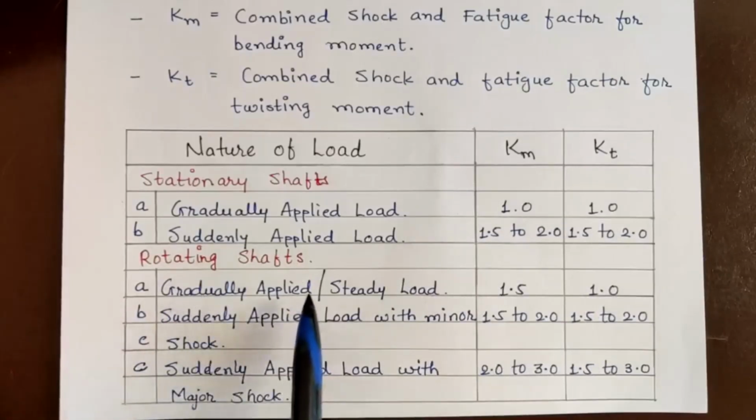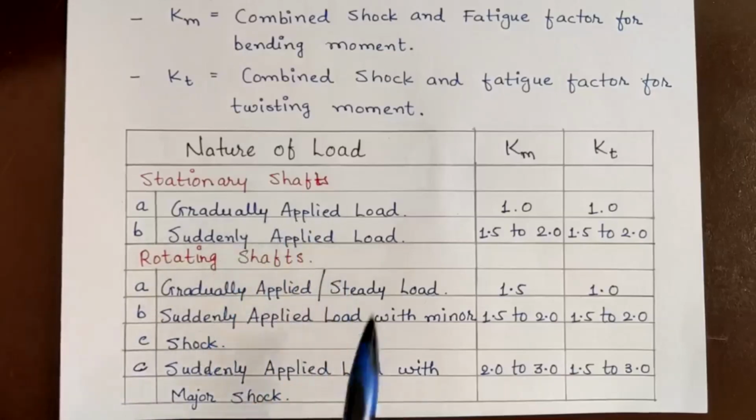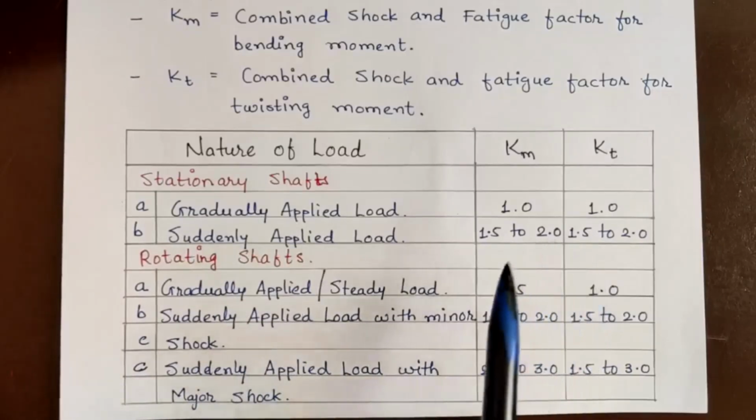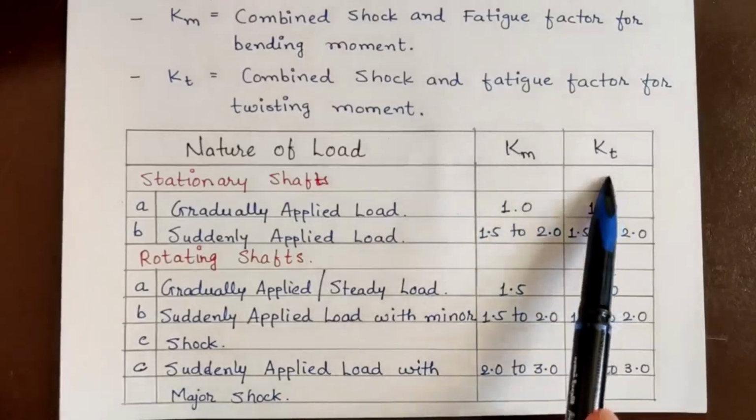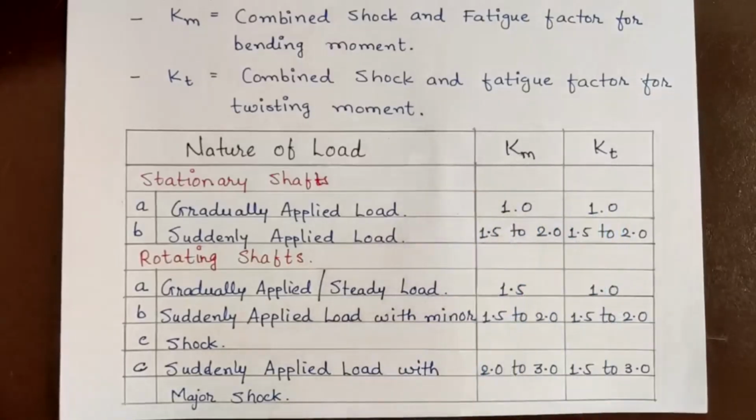First, gradually applied or steady load. Second, suddenly applied load with minor shock. And third, suddenly applied load with major shock. This loading condition will be specified in your data, and this table will be useful to find the values of Km and Kt for different loading conditions.